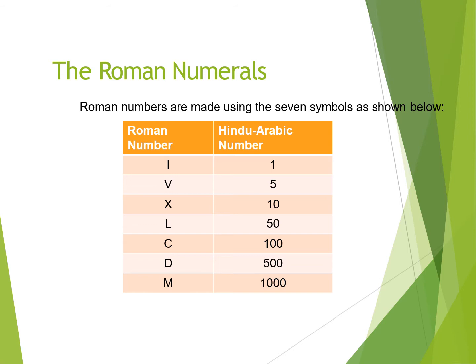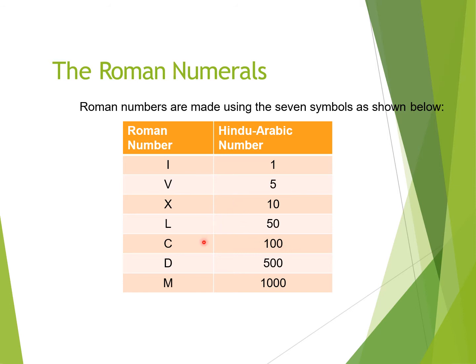The Roman numbers are made using 7 symbols as shown below. 1 in our Hindu-Arabic system is I in Roman numerals. 5 is converted to V. 10 is converted to X. 50 in our Hindu-Arabic number is L in Roman numerals. 100 is C in Roman numerals.